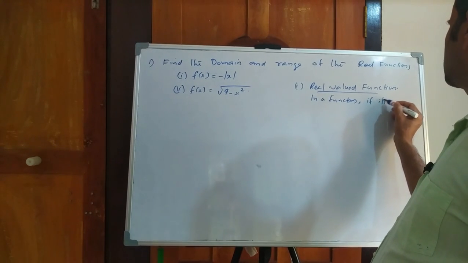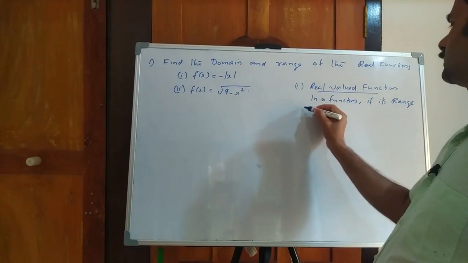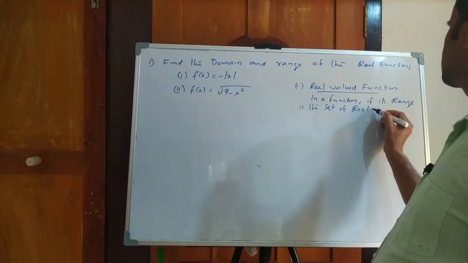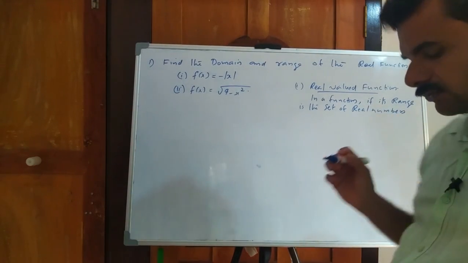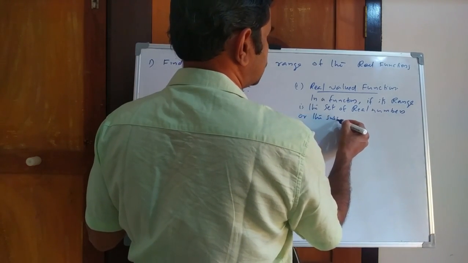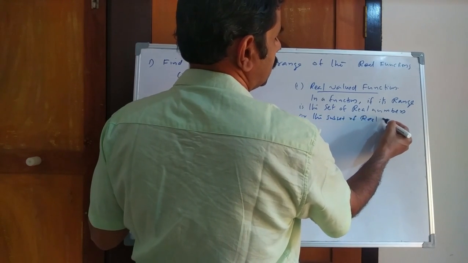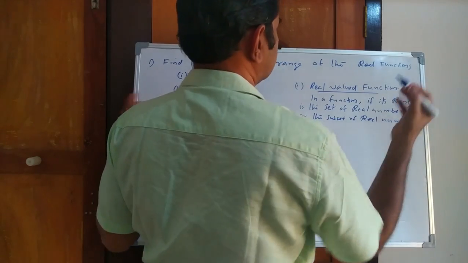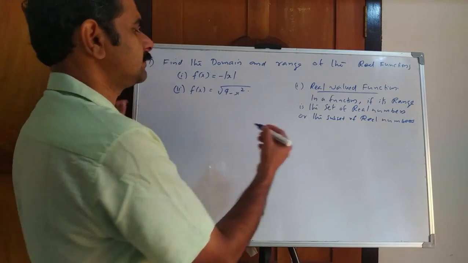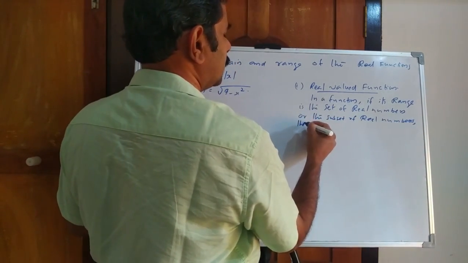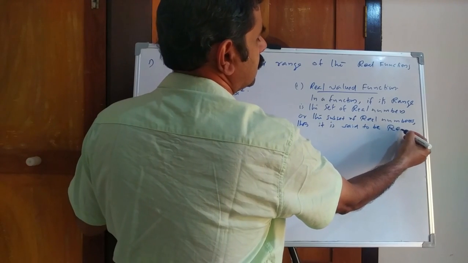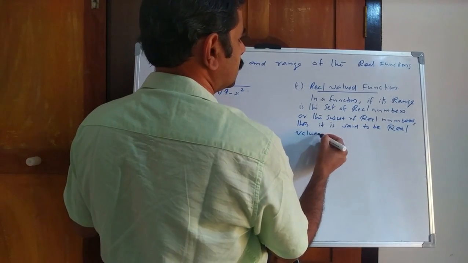In a function, if its range is a set of real numbers or a subset of real numbers, then it is said to be a real valued function.